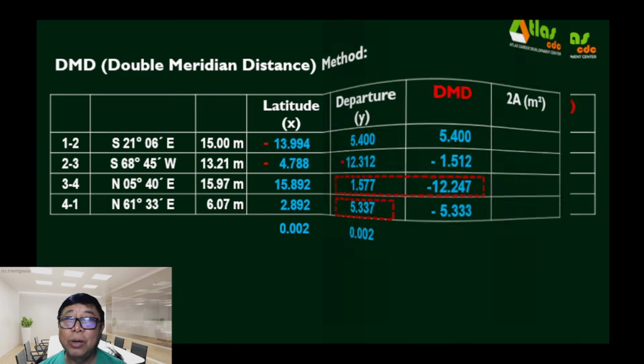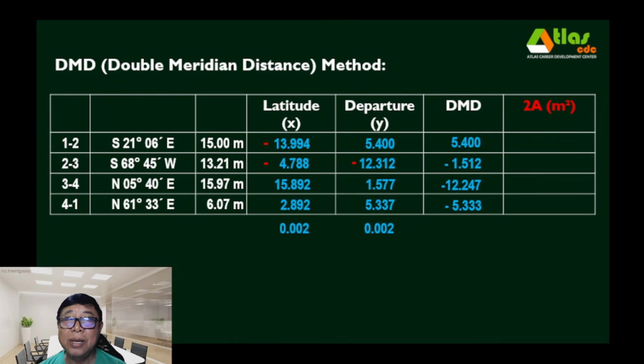Once you have completed the DMD, we are going to fill up the last column, which is the double area. How do you determine the double area? As mentioned earlier, the definition of the DMD method is to multiply the DMD with the latitude.